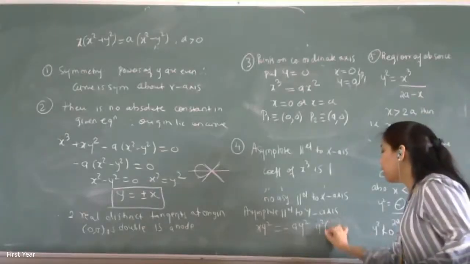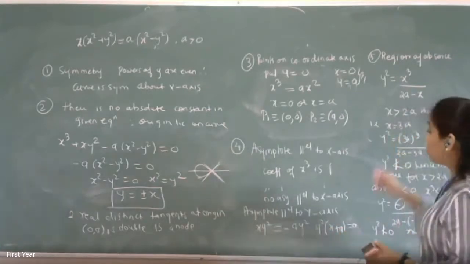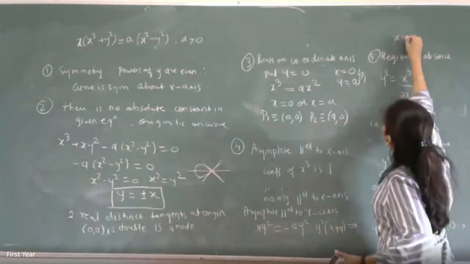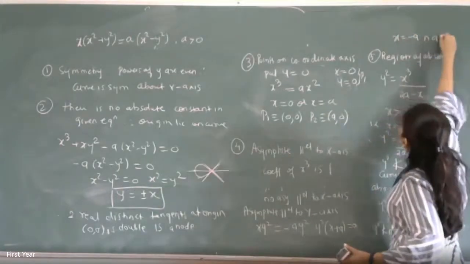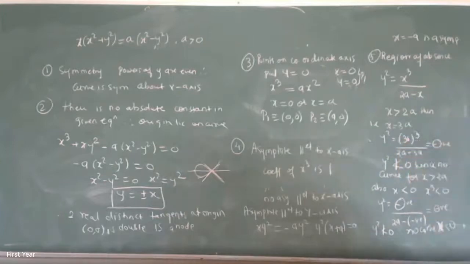So what is the coefficient of y square? x plus a is equal to 0. So that means x is equal to minus a is the asymptote parallel to y-axis. Okay, fine.